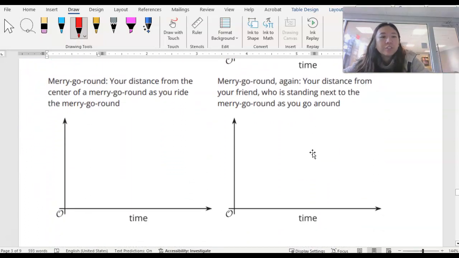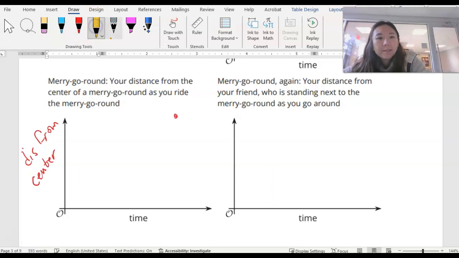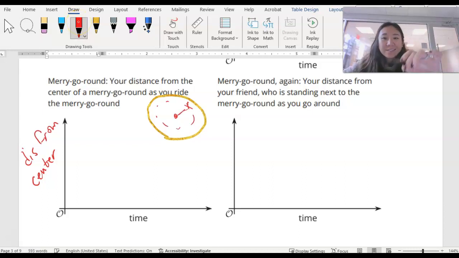A merry-go-round. Your distance from the center. So distance from center. Now, if this is the center of the merry-go-round, right? And then this is the outside of the merry-go-round. And I am here. And I'm riding around. My distance from the center is going to stay the same the entire time because it's going around in a circle, right?